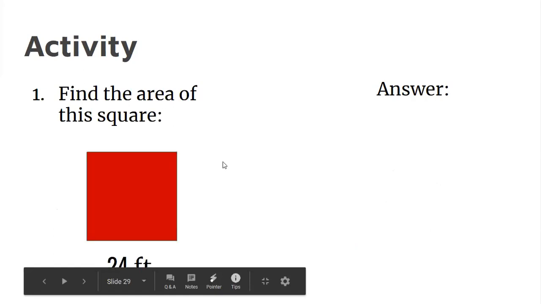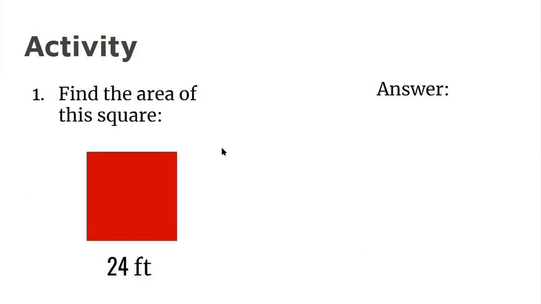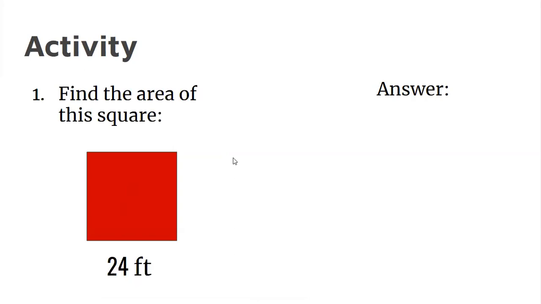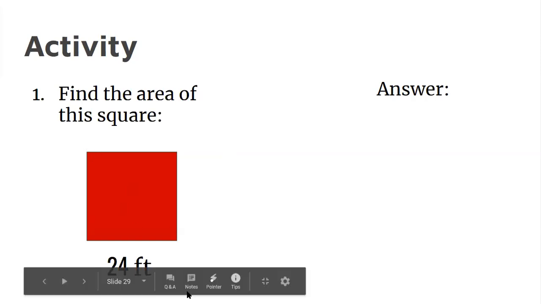Next equation. We have a square here with 24 feet. So pause the video, do whatever you need right now. 3, 2, 1, pause. And welcome back. So recap, we have a square with 24 feet as a side.